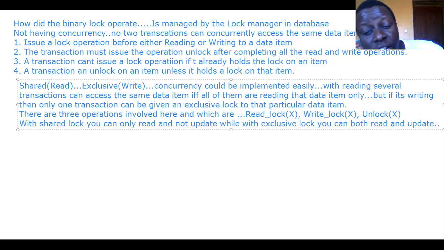That's something we have to be very clear with. So that's why there's a need for the shared exclusive lock. You cannot do that with a shared lock only.